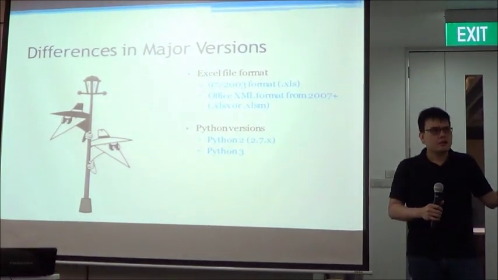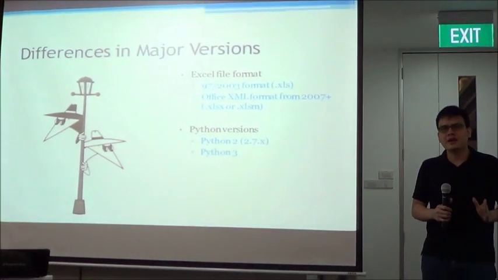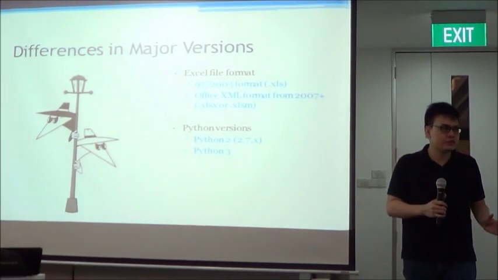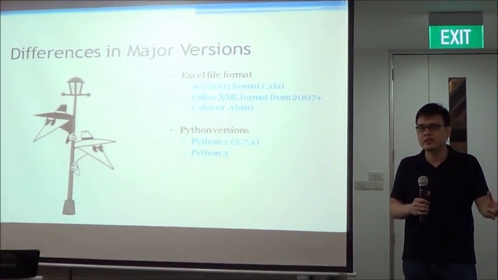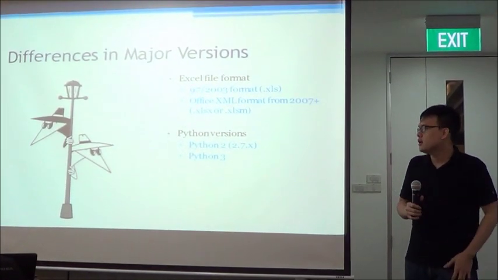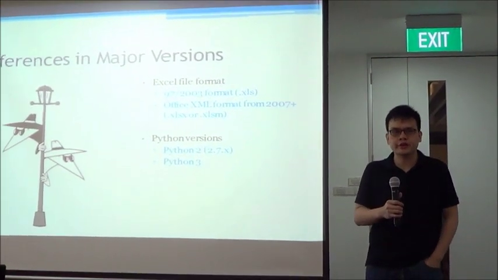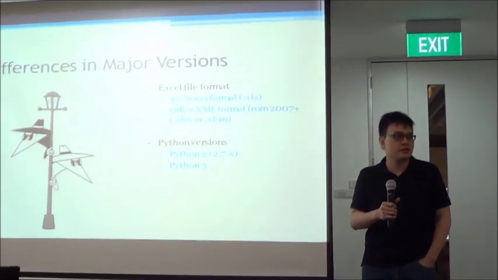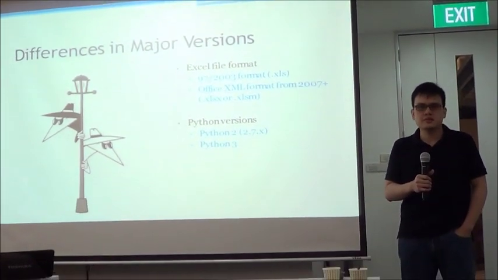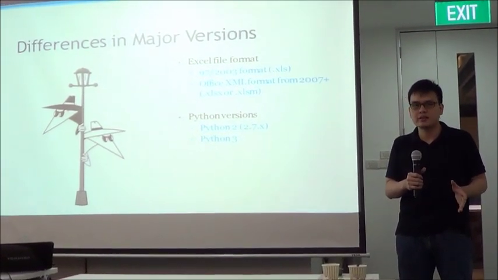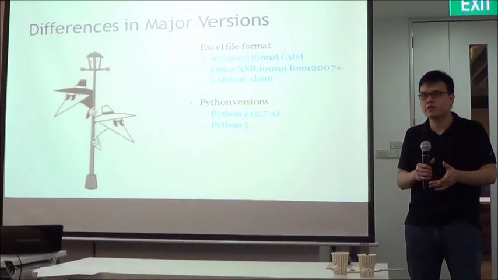Now, again, the solutions here are usually divided and dependent on the major versions, both of Excel that you're dealing with and of course of Python. For Excel, the jump actually occurred after version 2003. This is from the old XLS format into the new Office XML format.